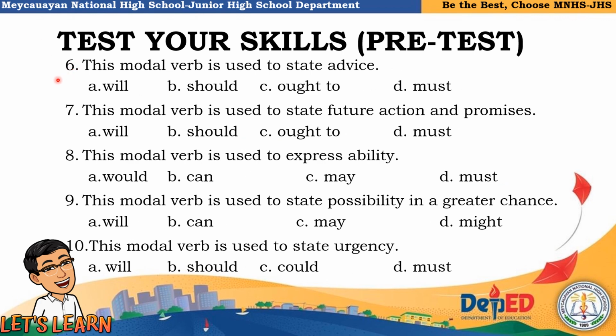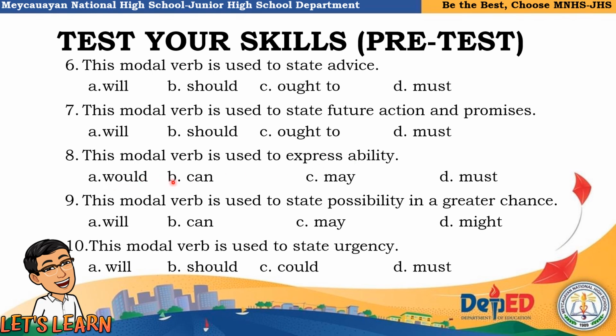Okay, for the second part, number 6, this modal verb is used to state advice. A, will. B, should. C, ought to. Or D, must. 7, this modal verb is used to state future action and promises. A, will. B, should. C, ought to. Or D, must. Number 8, this modal verb is used to express ability.